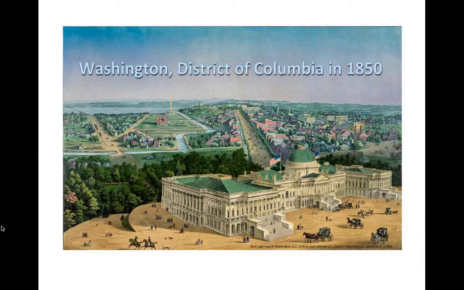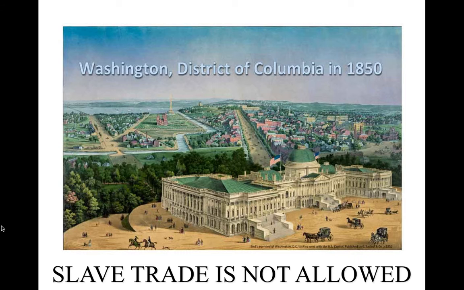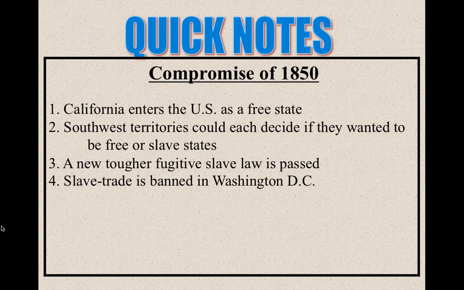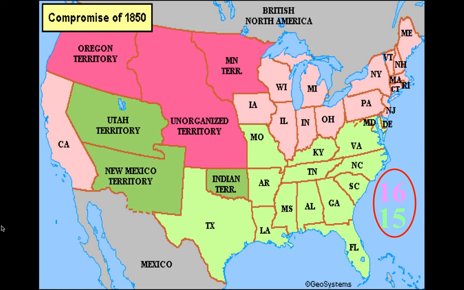The fourth thing, Washington, D.C., they decide that the slave trade is not allowed in D.C. Slavery is still allowed in D.C., but you can no longer buy or sell slaves in the nation's capital. And the final and arguably the most important thing that the Compromise of 1850 does is it upsets the balance of slave states and free states.